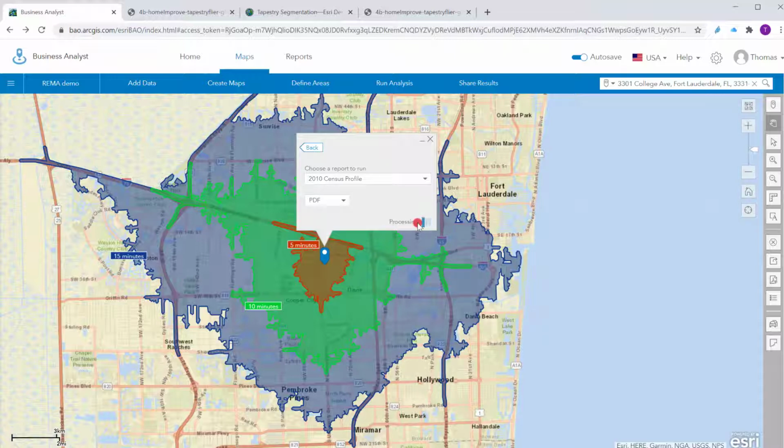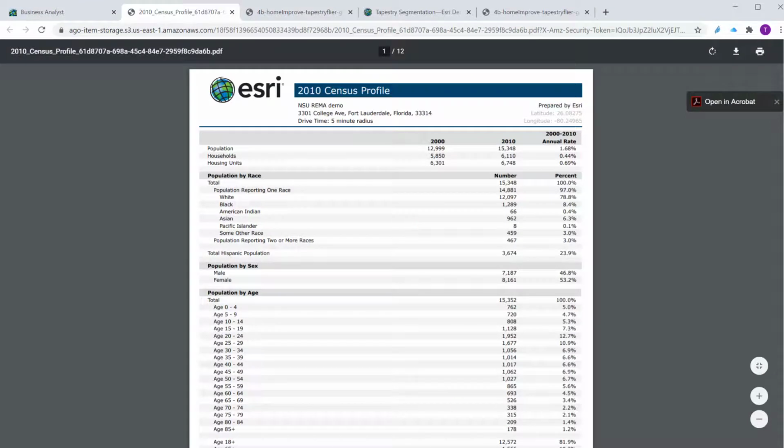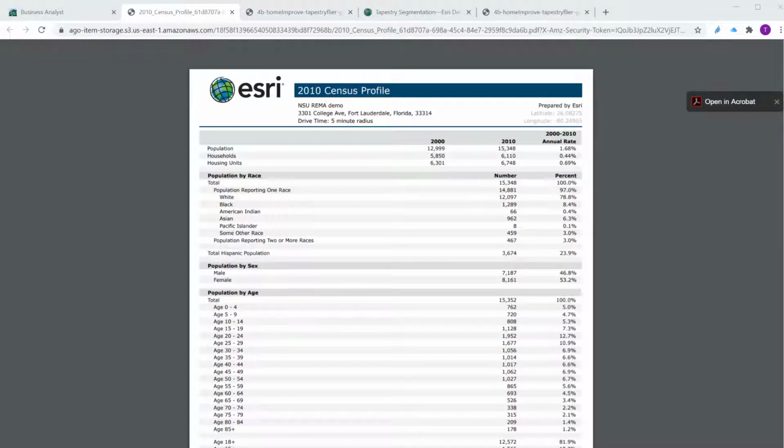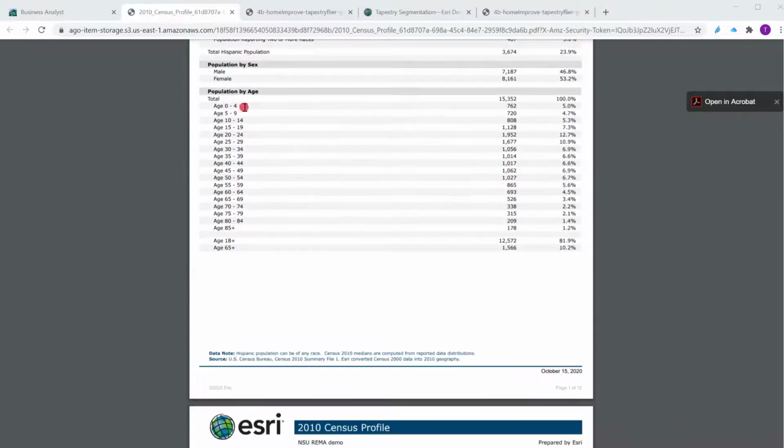If we run a report, and I open the report and look at my report, I get the Census 2010 profile for a location, or the address broken down by radius. And you can see all these tables, all the fancy stuff you've seen earlier in the age pyramid.